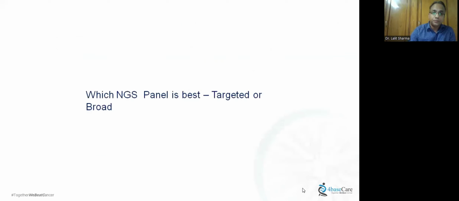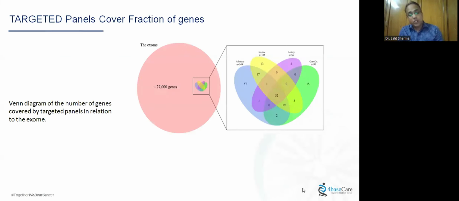molecular superhighway. Now, another question which comes to our mind in our clinics is whether we should go for targeted panels or broader panels. I would classify my choices into two scenarios. One is a resource ample scenario, wherein resources are not in question. We have everything at our disposal.